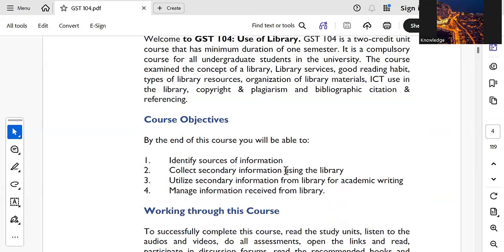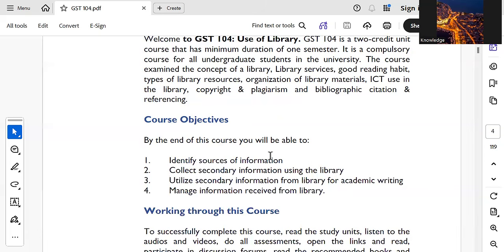The objectives of this course are that at the end of the course, you should be able to do the following. Identify sources of information. You hear information from several sources, from several places, but you will learn about sources of information in this course.